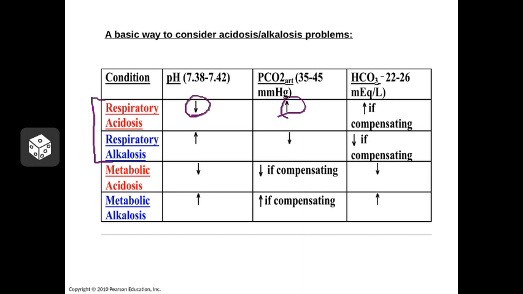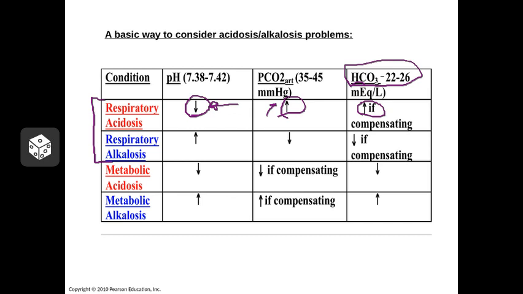In other words, increased PCO2 increases hydrogen concentration, which decreases the pH. Now, if there's compensation both through your chemical buffers and the kidney, there will be an effort to make and conserve more bicarbonate. And so this value will increase.